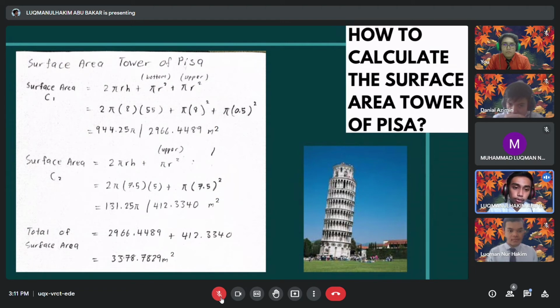So the answer is 431.25 pi, or generally 412.3340 meter square. So the total surface area for the Tower of Pisa is 3,378.7829 meter square.